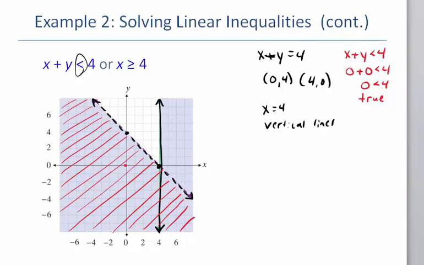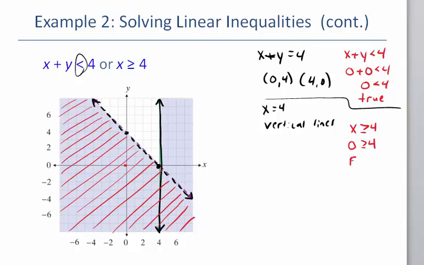For our other equation, x is equal to 4, we'll do the same thing. We'll choose a test point. In that case, I could still use 0, 0. Our equation was x is greater than or equal to 4, and if I'm using as my test point 0, 0, then I plug a 0 in for the x, and I get the statement 0 is greater than or equal to 4.